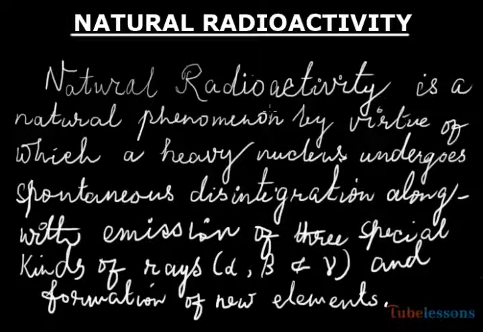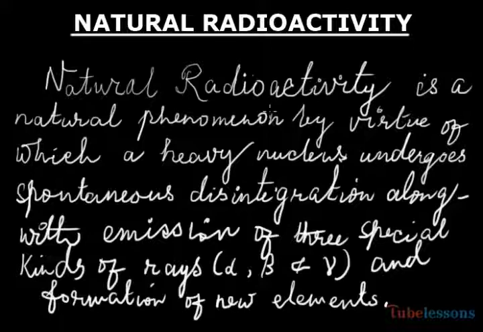That is, spontaneous disintegration of the uranium nucleus takes place. Nothing can prevent this disintegration, like application of pressure, temperature, presence of a magnetic field, or presence of an electric field. Nothing can prevent this radioactive emission. So it's a natural phenomenon and it is a spontaneous phenomenon.